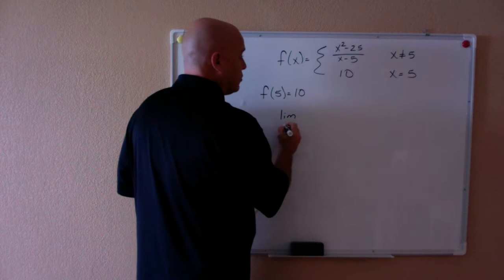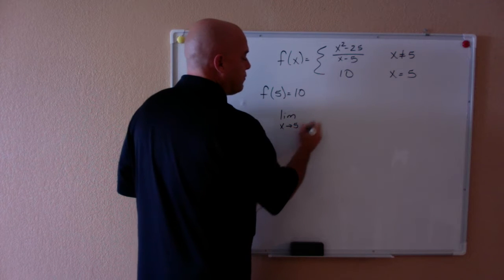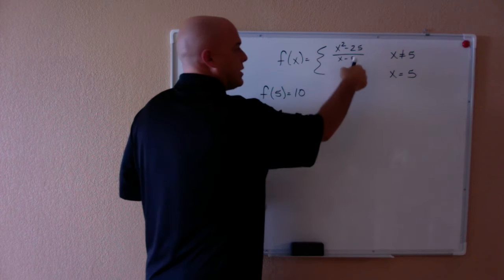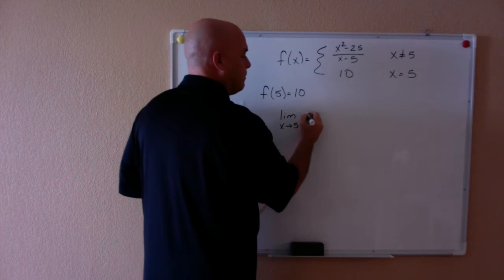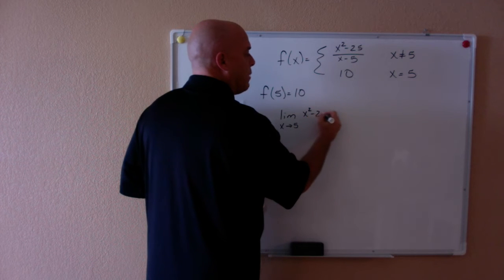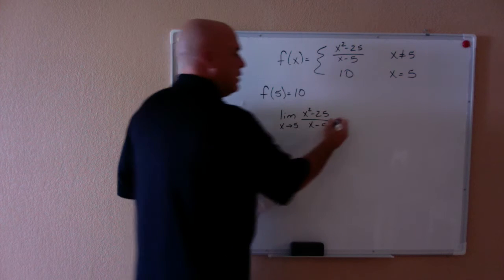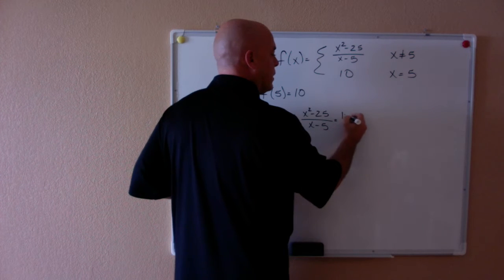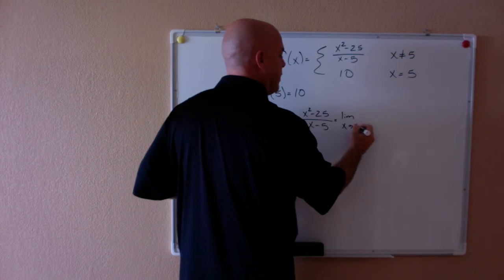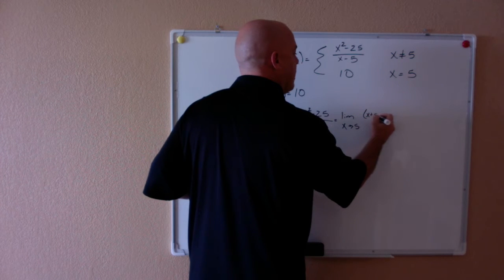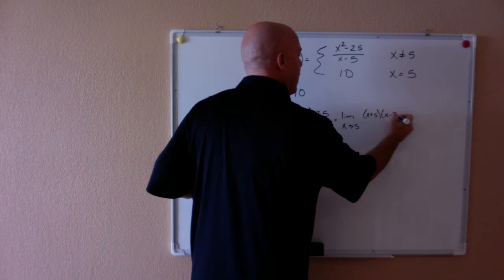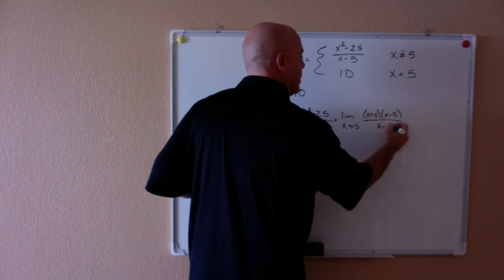I'm going to evaluate the two-sided limit directly, like what we were talking about a second ago. We'll take the limit as x approaches 5, and as long as x isn't equal to 5, we're using the top function. So I'm looking at x squared minus 25 divided by x minus 5. This will simplify, giving me the limit as x approaches 5 of x plus 5 times x minus 5 over x minus 5.